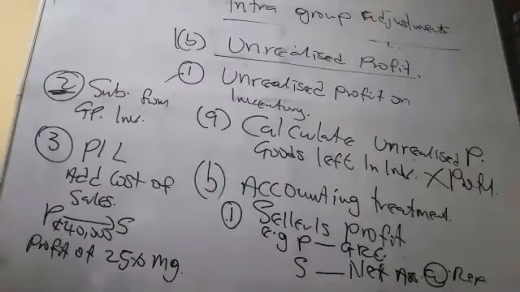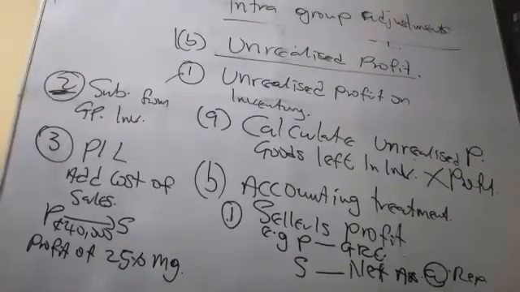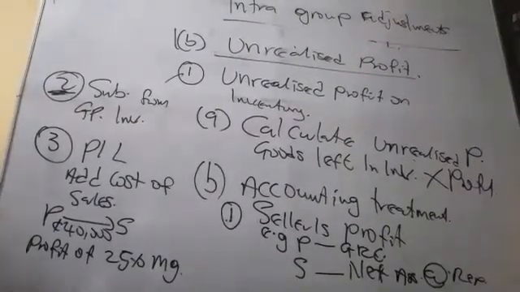Good. Then we come back again. We'll tell you that at the end of the reporting period, 1/4 of these goods has been sold or passed on by the subsidiary.